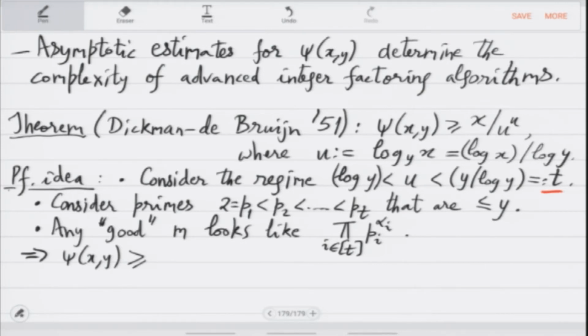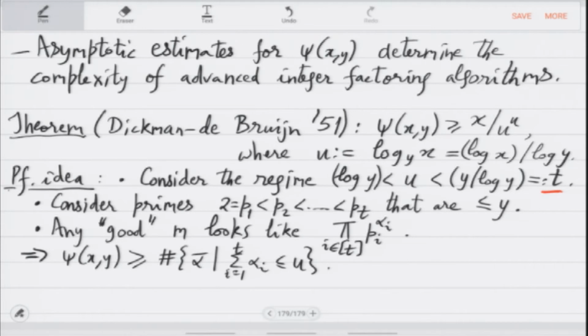In particular, you can use alpha i's such that the sum of alpha i is less than or equal to u, because u is log x by log of x to base y. The pi's are all smaller than y, so if the sum of alpha i is less than or equal to u, then the product of pi to the alpha i is smaller than x. That was the reason we defined u like that.